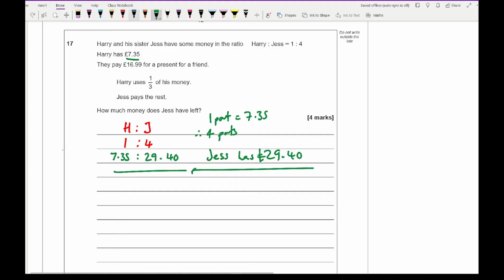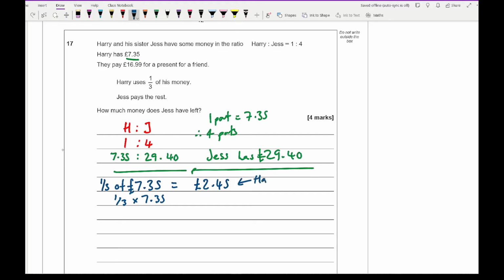So now let's have a look at the present. So here we've got 1/3 of £7.35. Remember, of means times. So it's going to be 1/3 times 7.35. And that comes to a total of £2.45. So then if Jess pays the rest, write down what this £2.45 is.